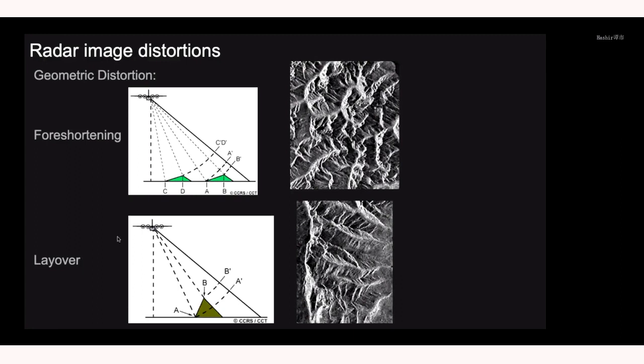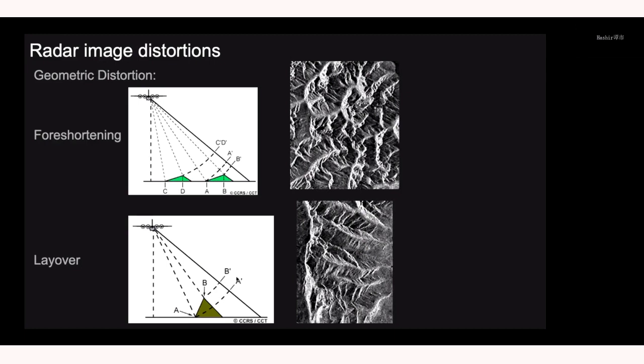So the signal will reach point B before it reaches point A. The B signal will return back, and the signal A will return later. So we will see B first and A later, and instead of shifting towards the radar, it will look totally flipped.